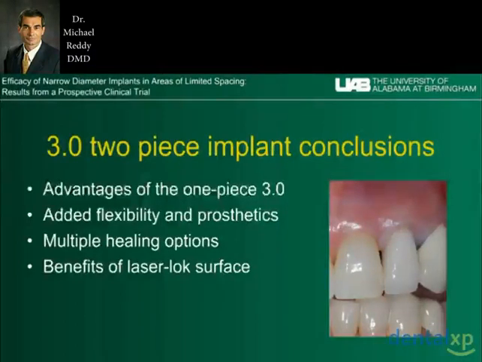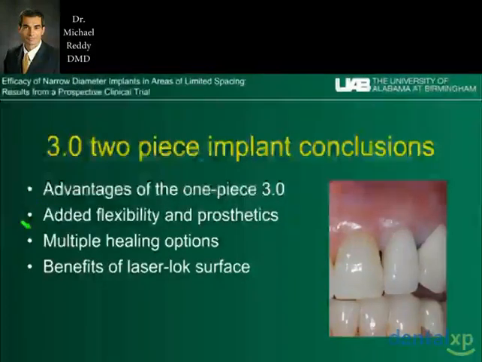So conclusions then on the 2-piece implant. Now, we've used the 1-piece implant for a period of 6 years and have studied that more extensively, and have used the 2-piece one for only about a year. But the 2-piece implant has all the advantages of the 1-piece, plus the added flexibility of the varying prosthetic components that you can have.